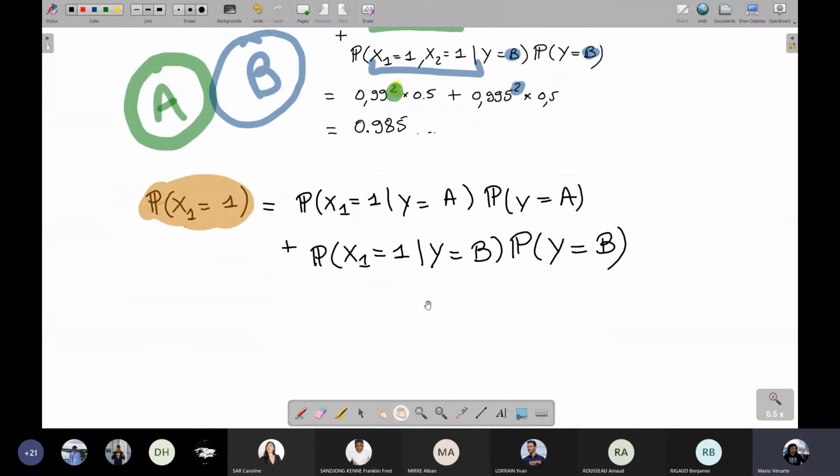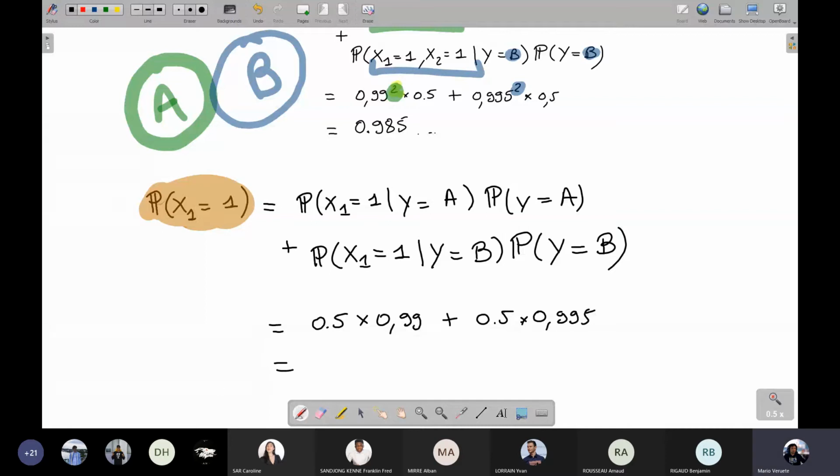Again, you replace by the numbers and you get something like 0.5 times 0.99 plus 0.5 times 0.995.